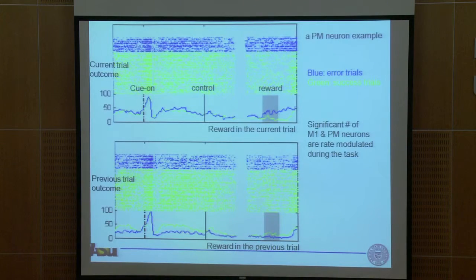So if I made a mistake during the previous trial, I modulate my brain activity so that in this current trial I do something different. And this is actually shown in the rate here. The rat actually is modulating his brain activity. You see this reflected in the rate. And this is a very coarse measure of the brain activity, but it does show this activity is very different.